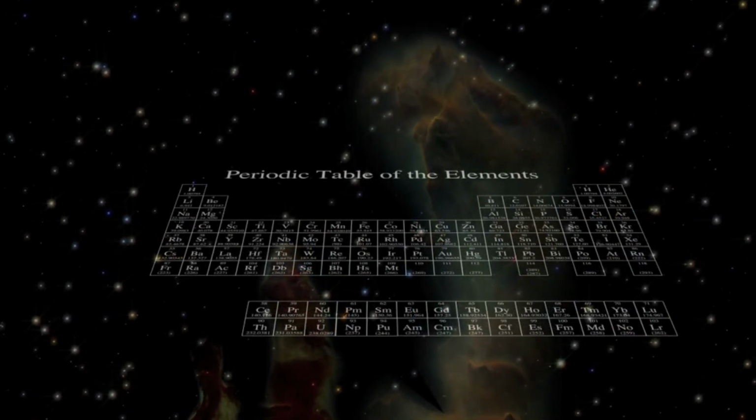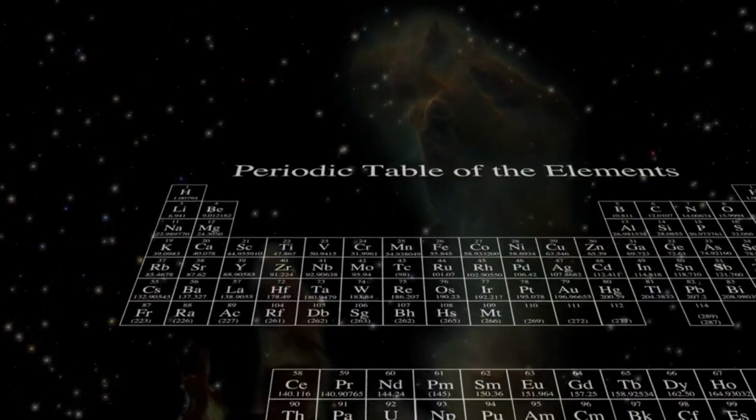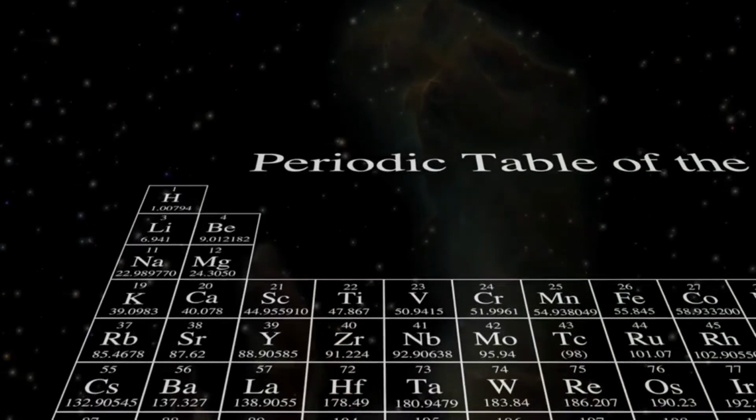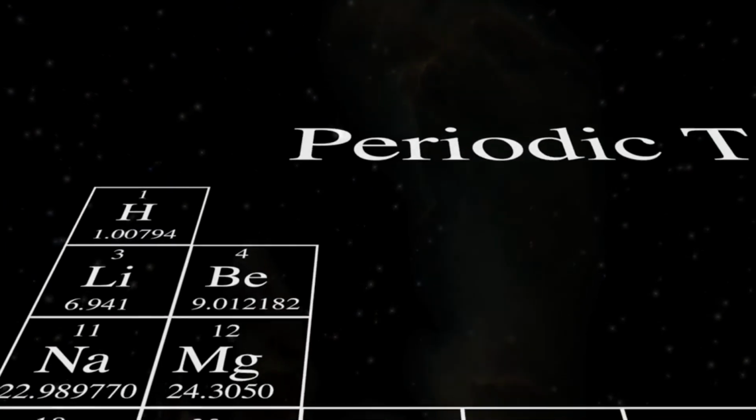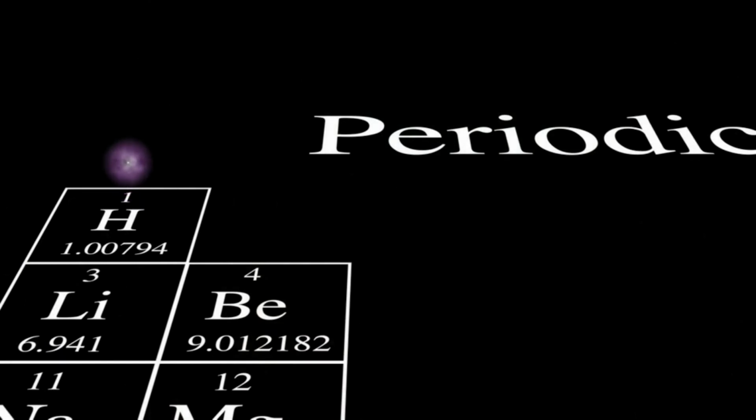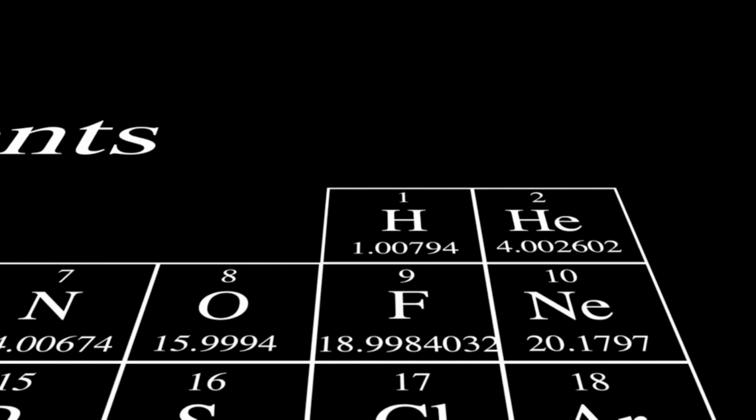The periodic table is a list of all the atoms in the universe that have different numbers of electrons. Hydrogen has 1 electron. Helium has 2.